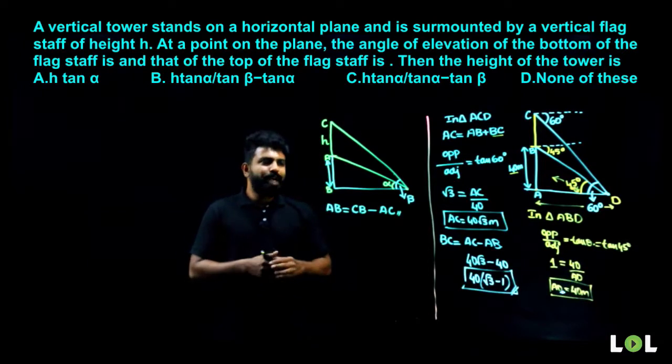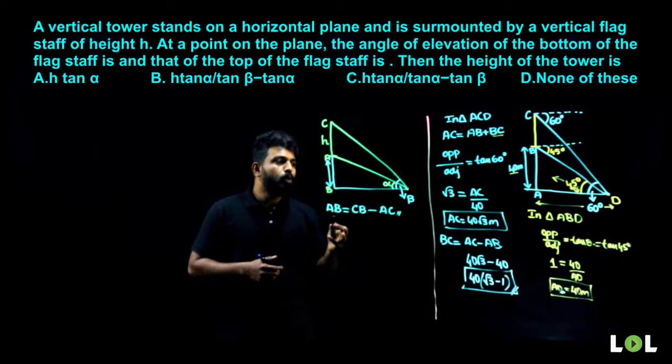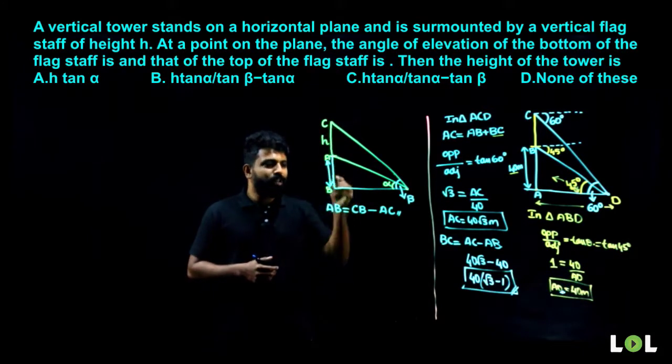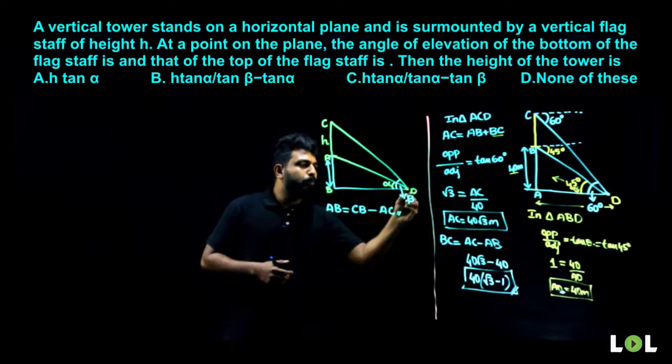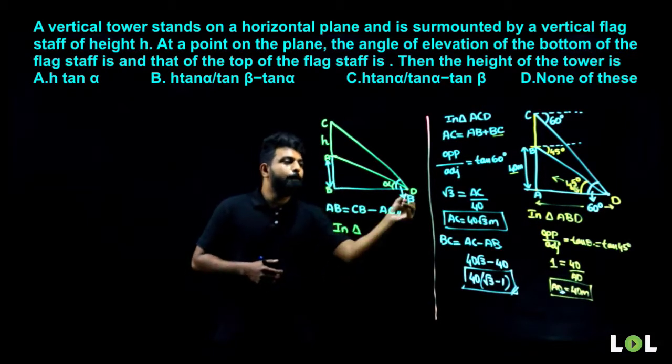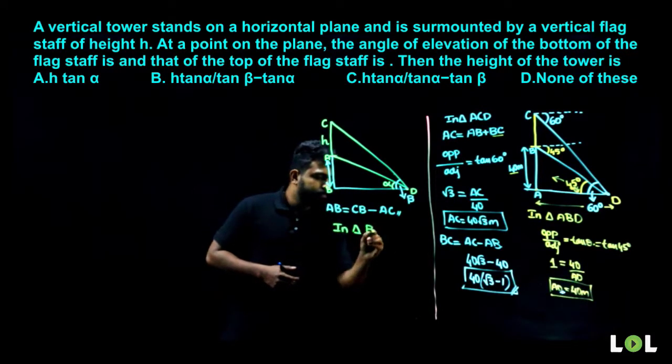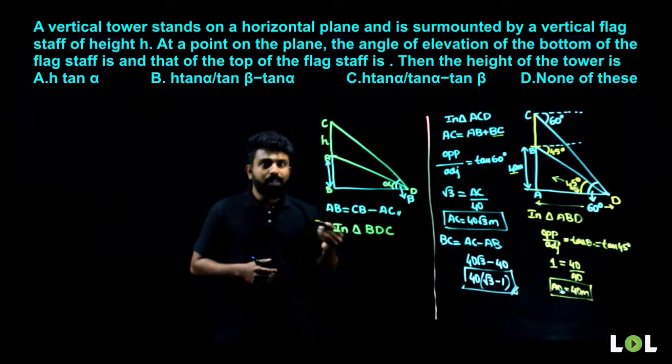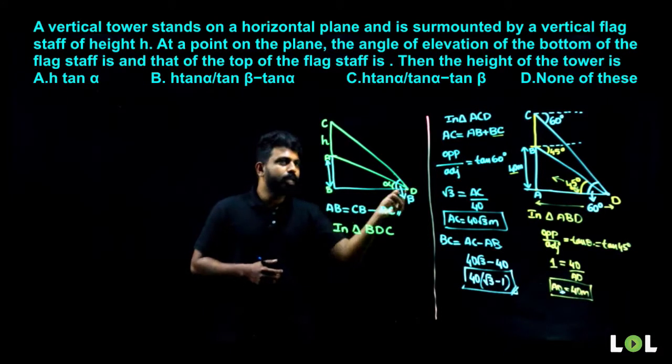So we need to find this value. How do we do that? First, let us take up a triangle where we know some values. So which is the triangle? We know h here. So I'll first consider this point as D. In triangle BDC, what are the values that we know? We don't know AB, so I'll take it as AB only.